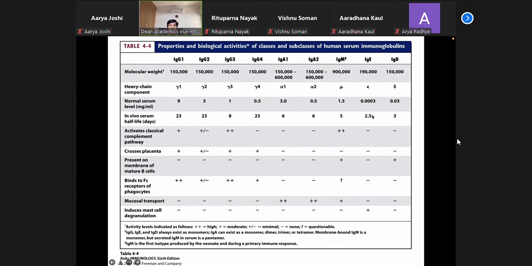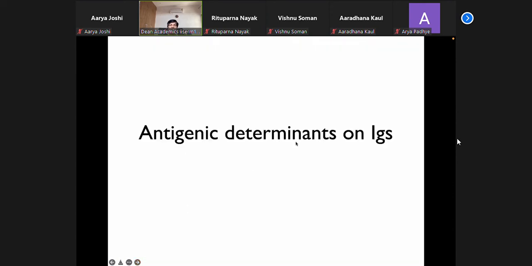Degranulation of mast cells, IgE. This table is crucial in the sense that it talks about almost everything about antibodies. Go through this table in your available time. Now, the other thing we need to talk about in this lecture is the antigenic determinants on immunoglobulins.